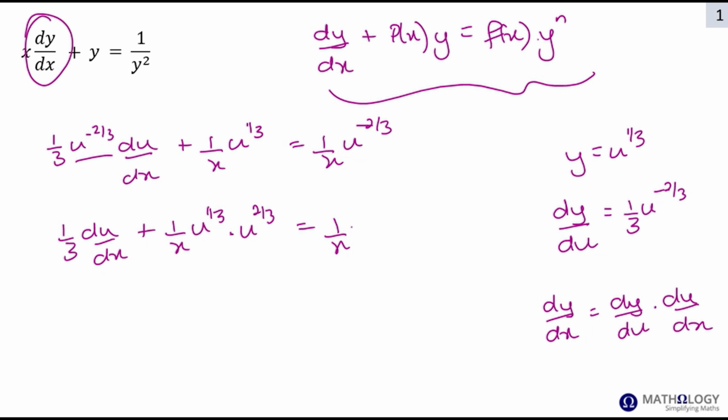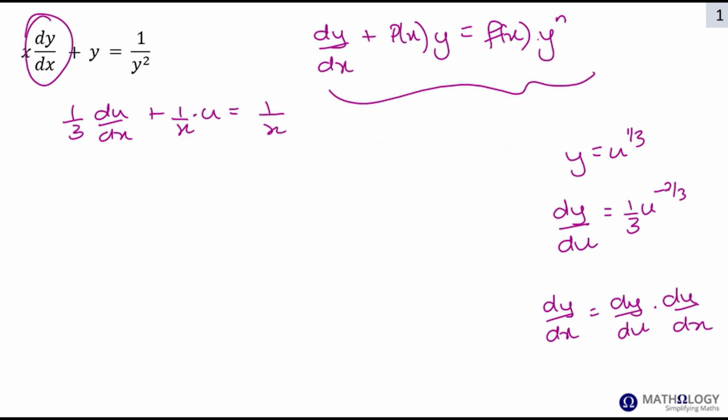So u to the third times u to the 2/3 is just going to be u, because we're going to add exponents when multiplying powers of the same base. So a third plus 2/3 will be 3/3, which is 1. Sorry, this will reduce to u, not 1. So we have a third du/dx plus 1 over x times u equals 1 over x.